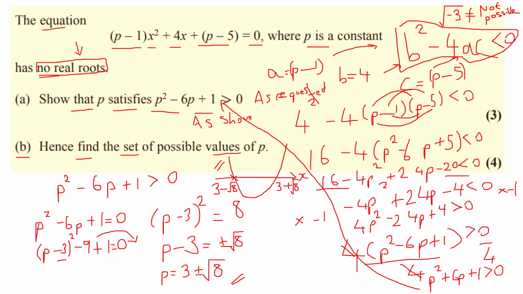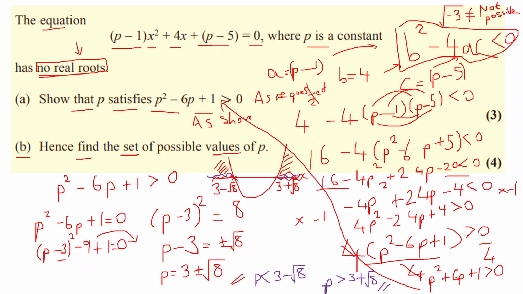Well, it's above it in this region here and this region here. So the answer to this inequality will be when p is less than 3 minus root 8 and when p is greater than 3 plus root 8.